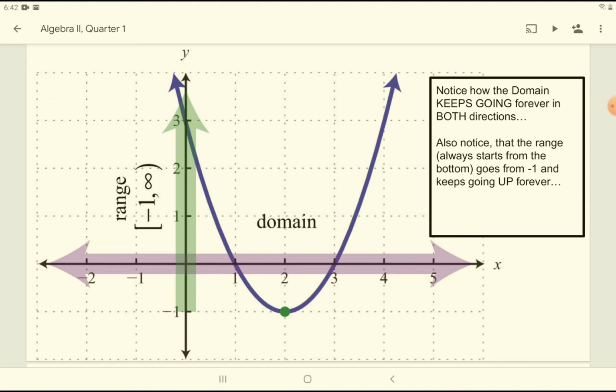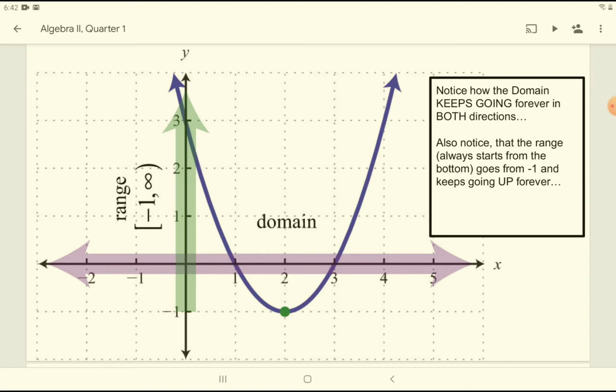All right? The range is a little different. Notice at the very bottom, it's at -1. That's the most bottom point, its lowest point, -1 of that graph. And then it just keeps going upwards. So notice the range going upwards also never stops.